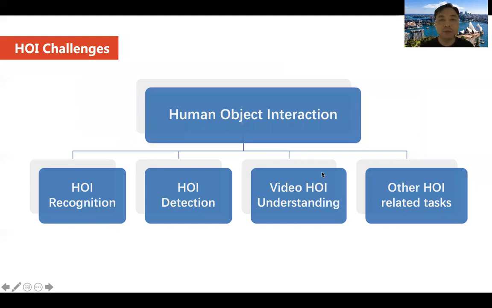Current HOI approaches can be categorized into HOI recognition, detection, video-based understanding, and other HOI understanding tasks. HOI recognition, aiming to recognize the interaction in a visual scene, has attracted intensive interest from the community, such as some researchers utilizing pose estimation and human part segmentation to facilitate HOI recognition.